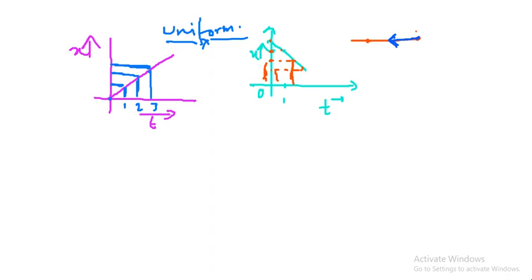And now they have not done this, but if this line goes like that, it will finally touch the time axis. That means it will reach the origin after this much time.